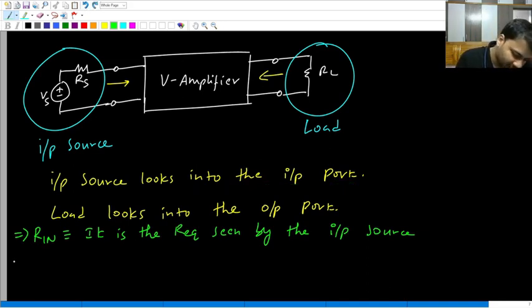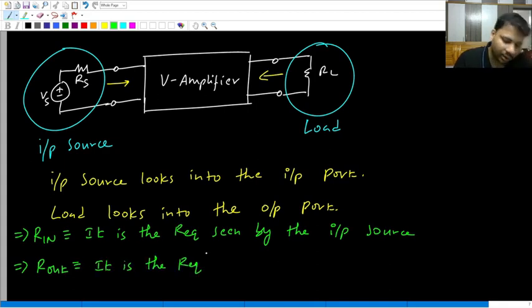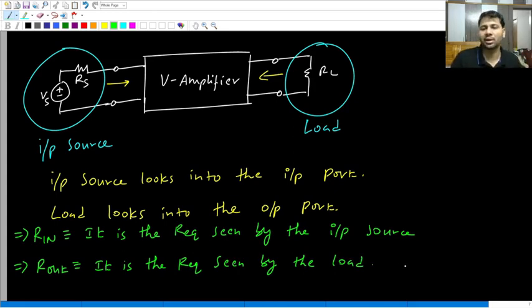Similarly, the output resistance Rout can be defined as the equivalent resistance seen by the load, because the load is continuously looking into the output port.